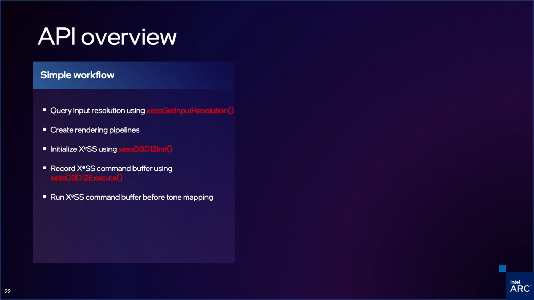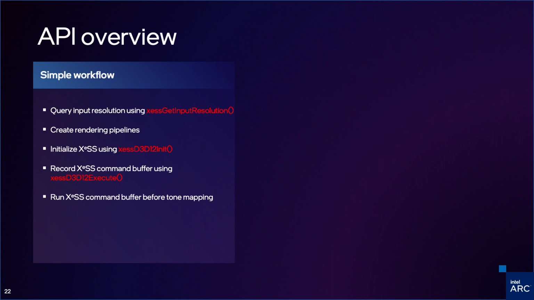In order to automatically determine the XeSS input resolution based on user-selected output resolution and XeSS quality preset, we query the input resolution from XeSS by using XeSS getInputResolution function, where we pass XeSS quality preset and output resolution.